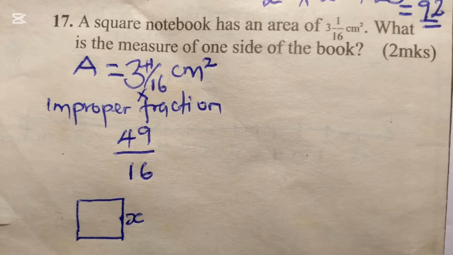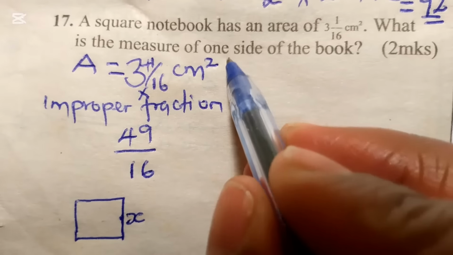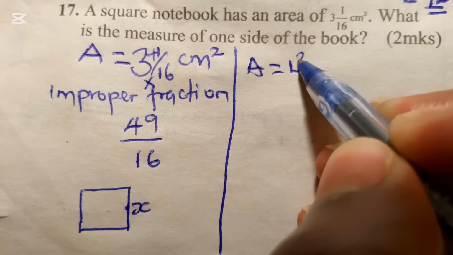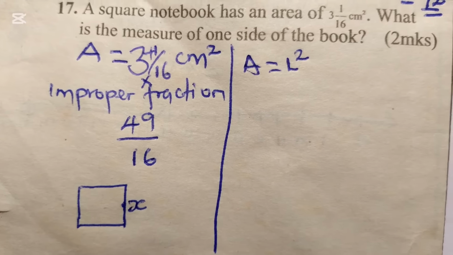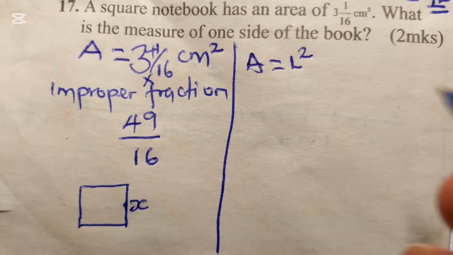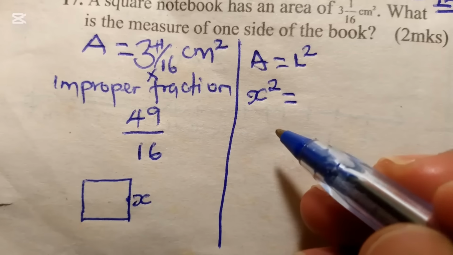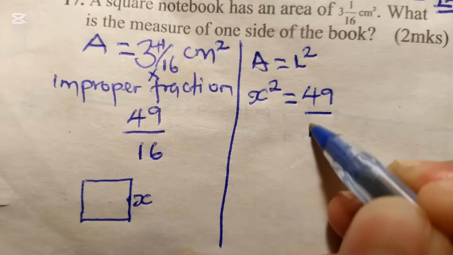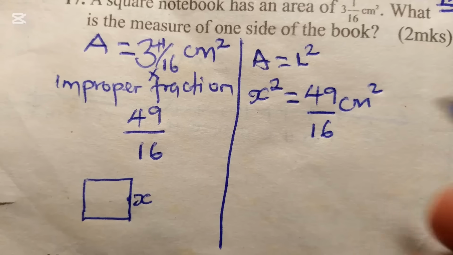So we'll have area of a square is given by length times length, which is length square. And therefore we can say that x square is equal to the area, which is 49/16, and this is square centimeters.